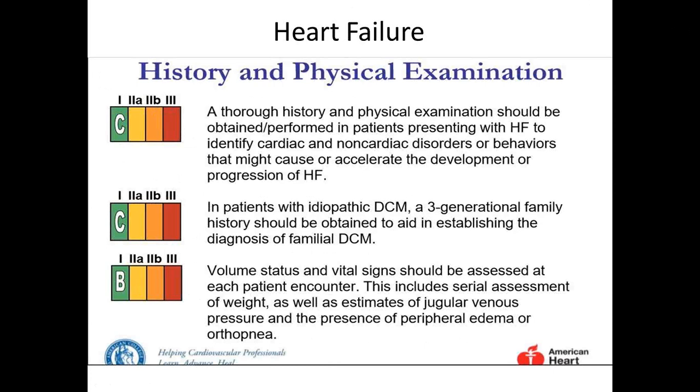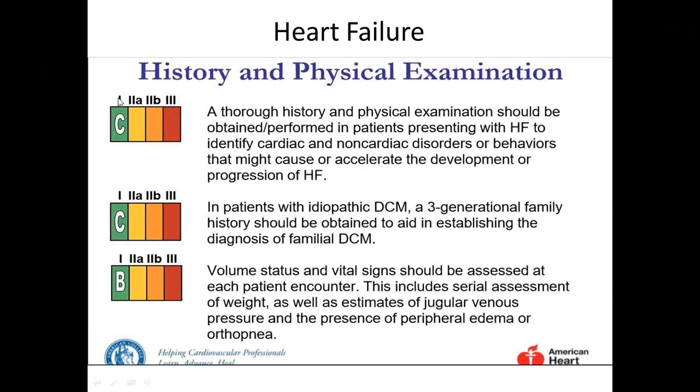Class 1 and class 2, you should do the test or you should prescribe the medicine. It can be a malpractice situation if you don't. If the patient has a class 1 indication for anything and it's not done, that can be a malpractice situation.